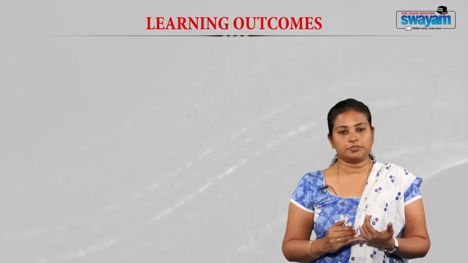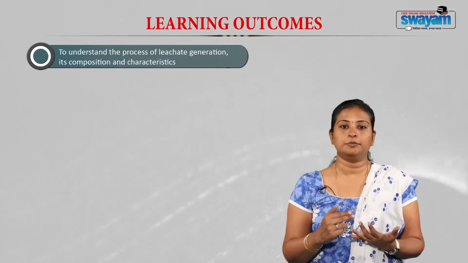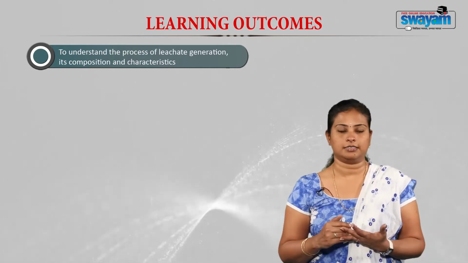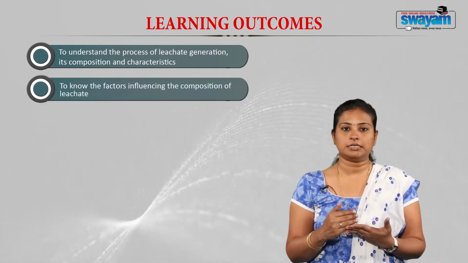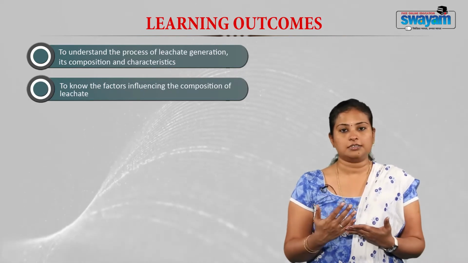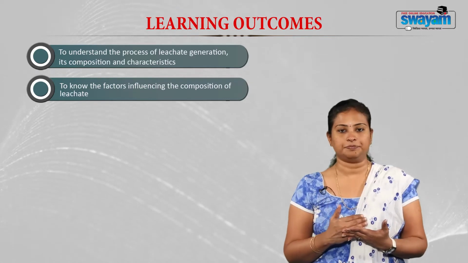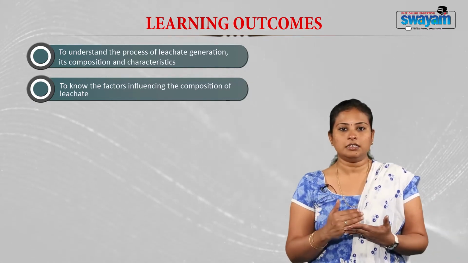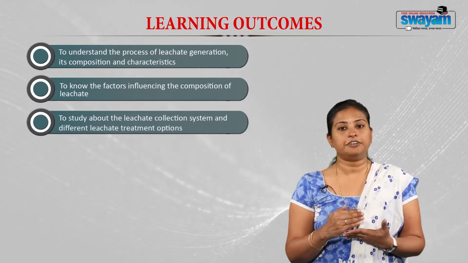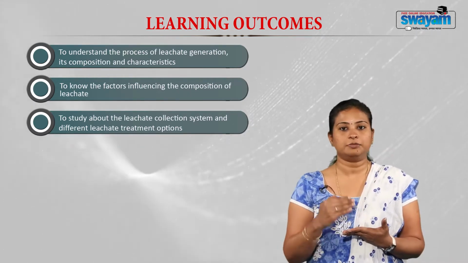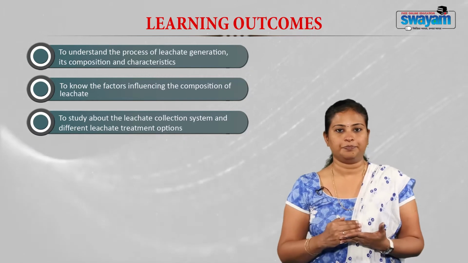The learning objectives of this module are to understand the process of leachate generation, its composition and characteristics. Then we will also discuss how different factors are influencing the composition of leachate generation. Then we will study the different leachate collection systems and various leachate treatment options that are available.